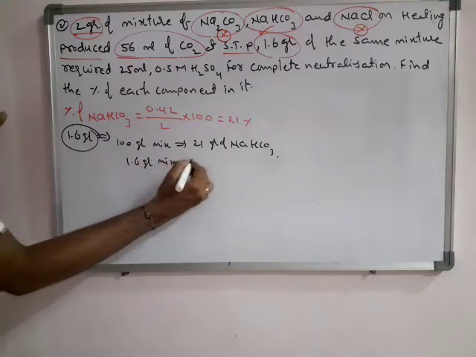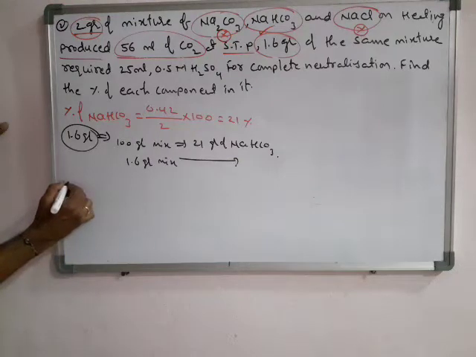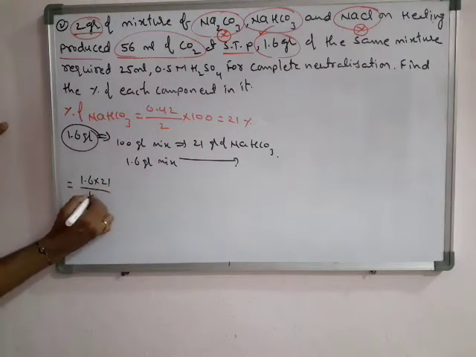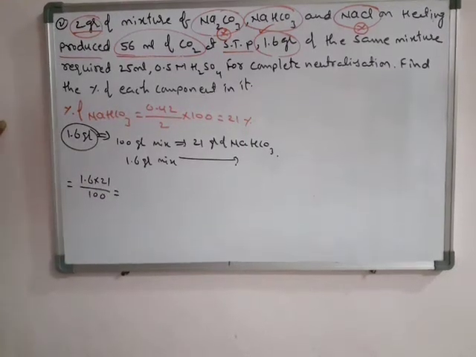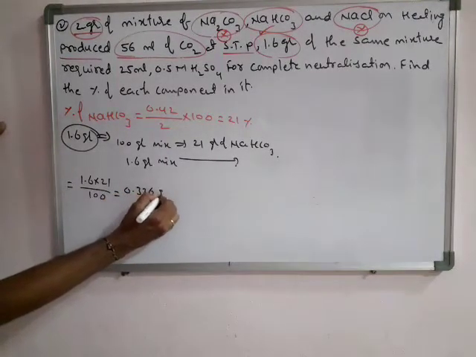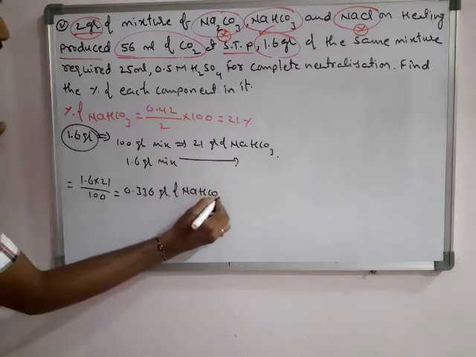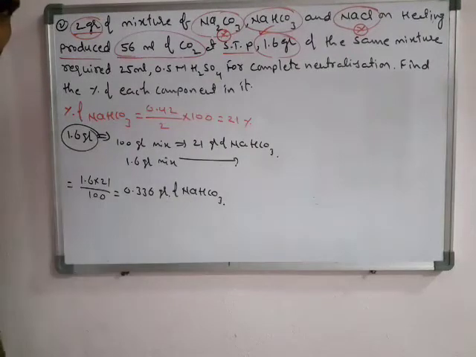In 1.6 gram mixture, what is the amount of sodium hydrogen carbonate? On this calculation approximately we will get 0.336 grams. The 0.336 grams of NaHCO3 formed.